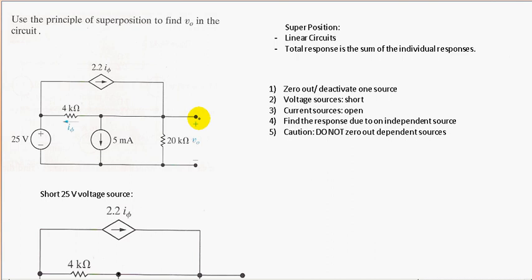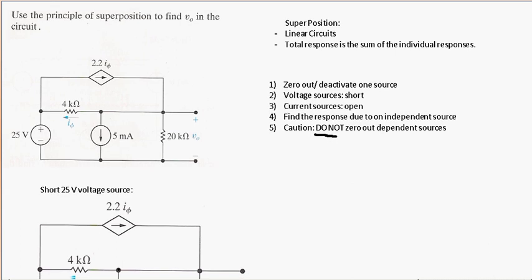A word of caution: we do not zero out dependent sources when using superposition. So do not zero out or deactivate dependent sources.